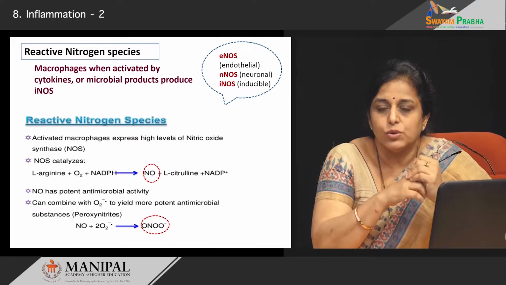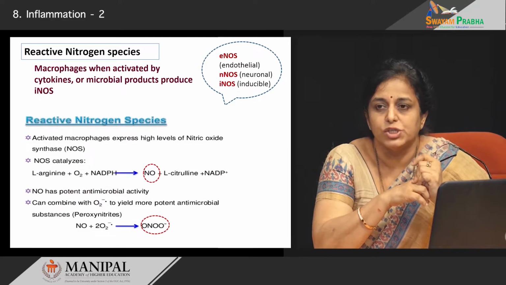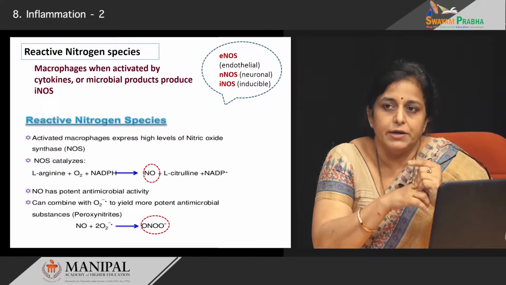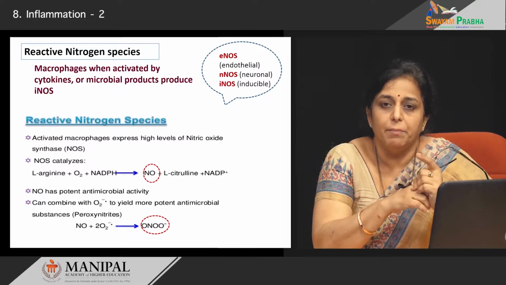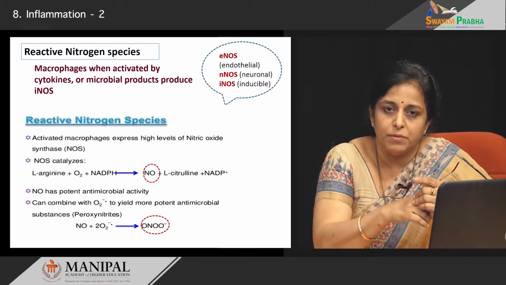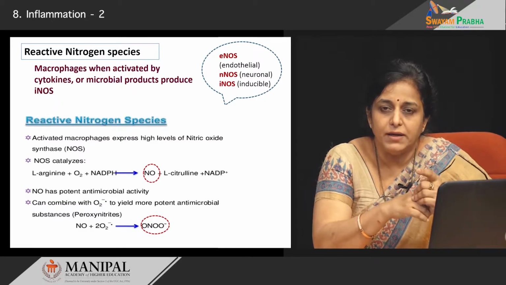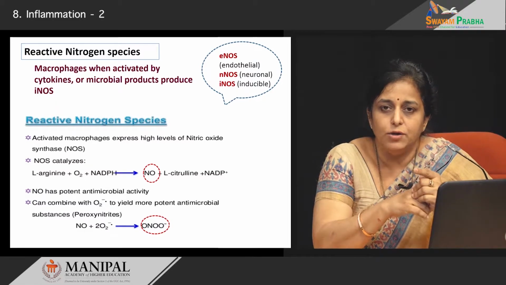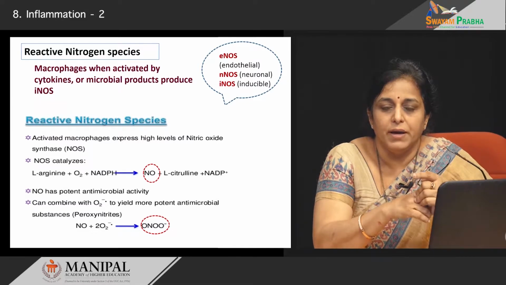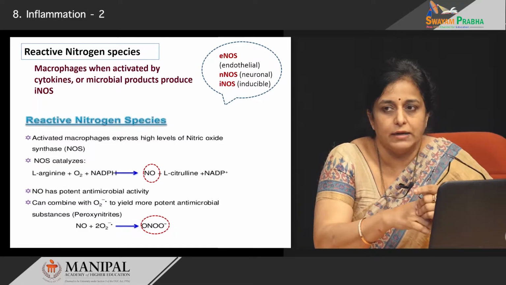So, it is the nitric oxide and peroxynitrite which are the important reactive nitrogen species that are generated in case of inflammation. Remember, these are not normally formed in the macrophages. In response to inflammation, the enzyme that is important in this formation, that is iNOS, is generated by the macrophages when they are activated.